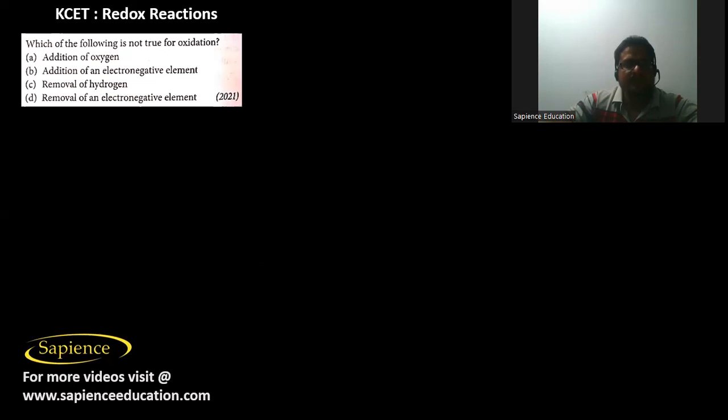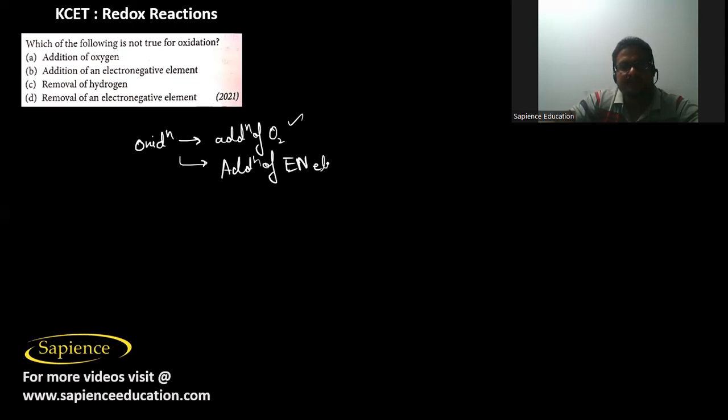Then here it is told which of the following is not true for oxidation. So oxidation, we can say here we can have addition of oxygen. It is also oxidation, or we can say addition of an electronegative element. That is also oxidation. Since when oxygen is added or any other electronegative element is added, then the oxidation state of the element will increase.